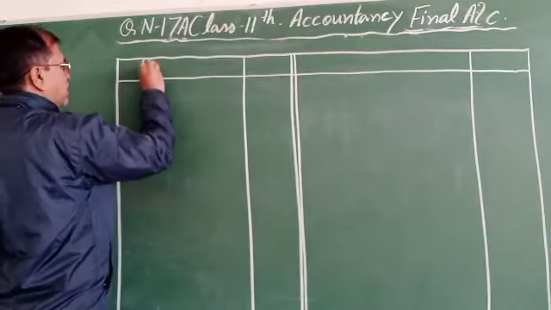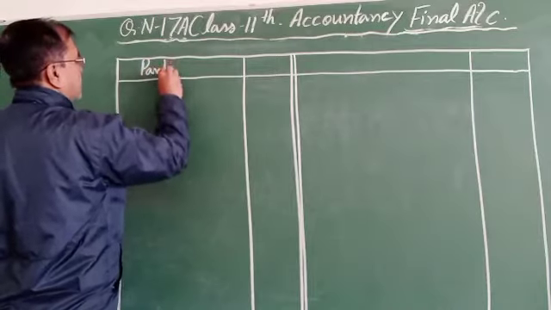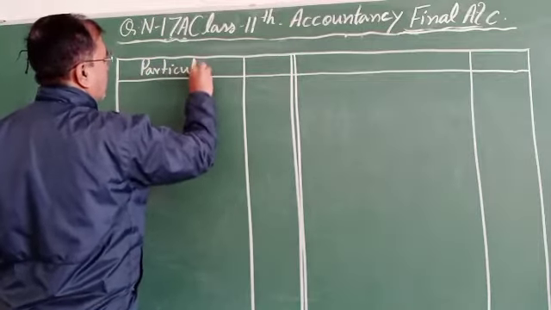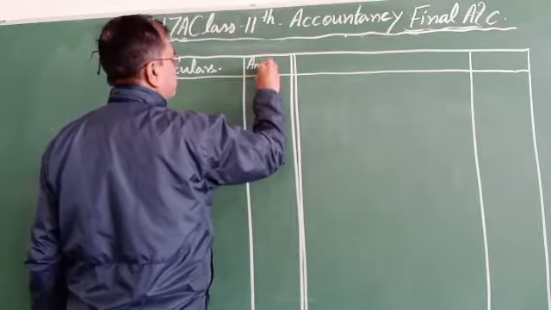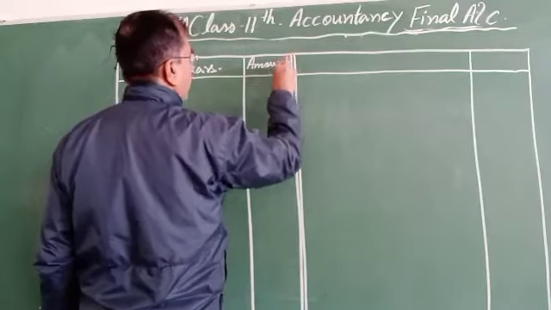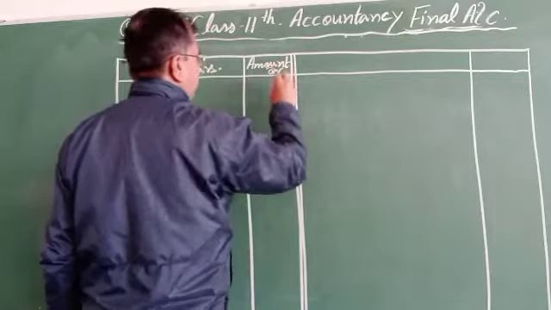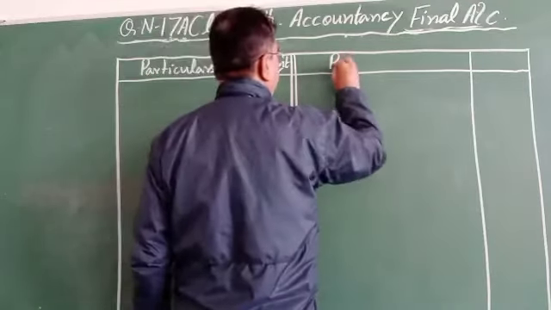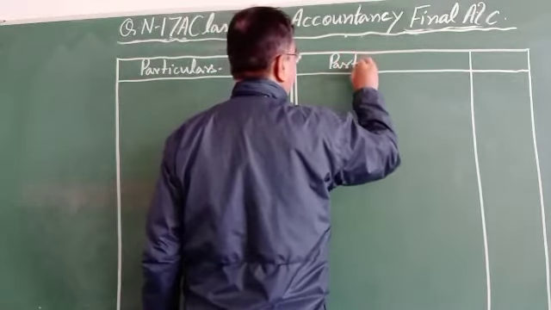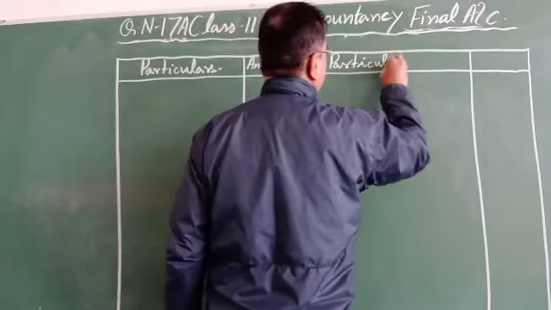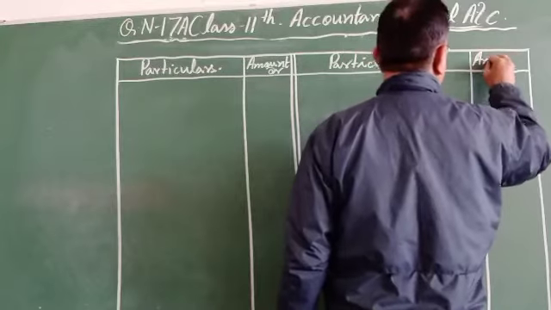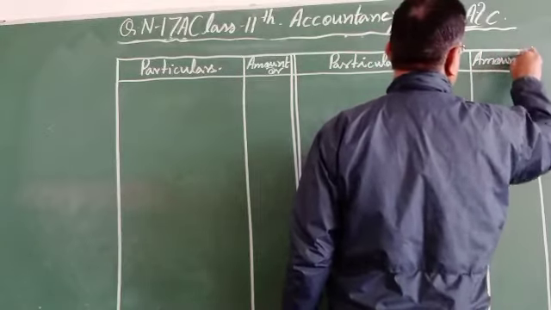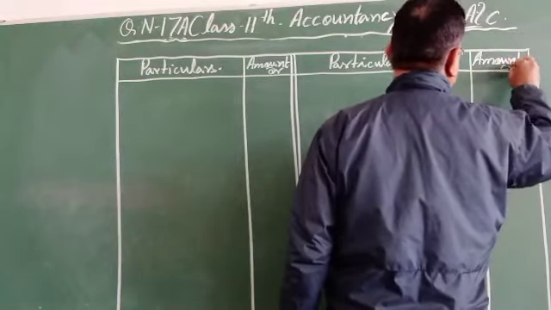This one is the particulars, amount debit, particulars, amount credit.